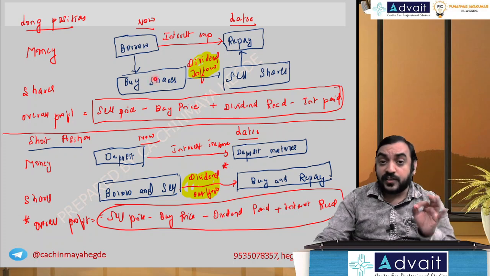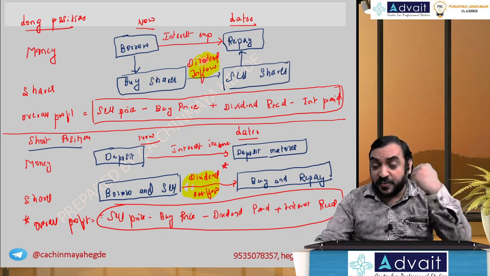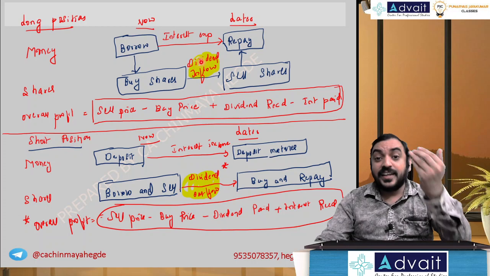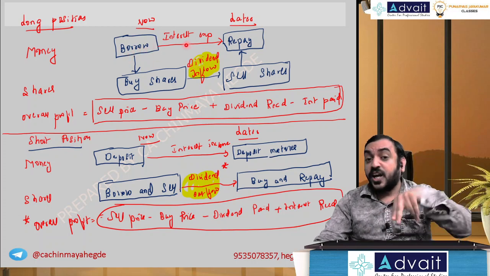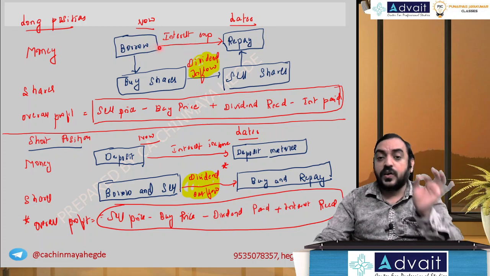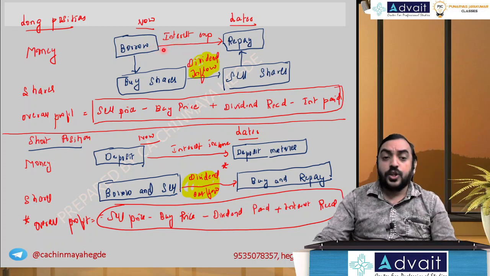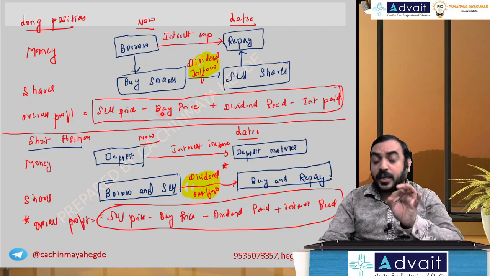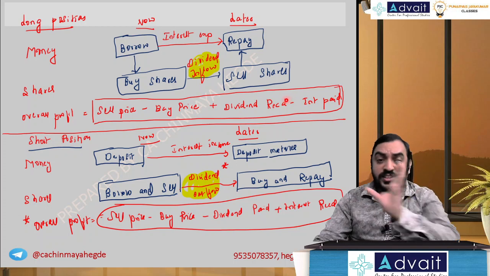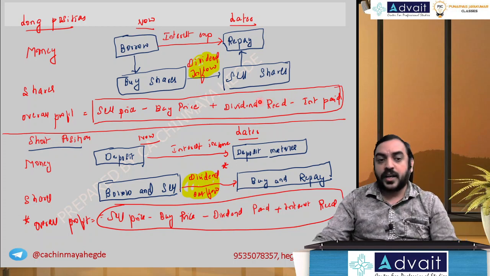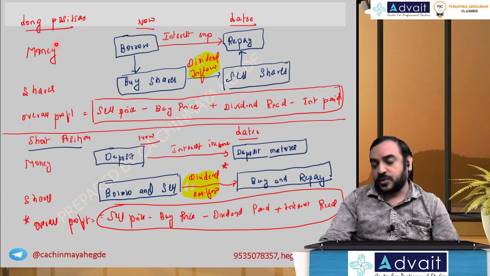On shares, you are a shareholder, so you will receive dividend. So dividend is your inflow, and on borrowing you have to repay along with interest, that is your interest expense. So what is the overall profit? Sell price minus buy price plus dividend received minus interest paid, and of course transaction charges can also be subtracted. That is the overall profit in long position.